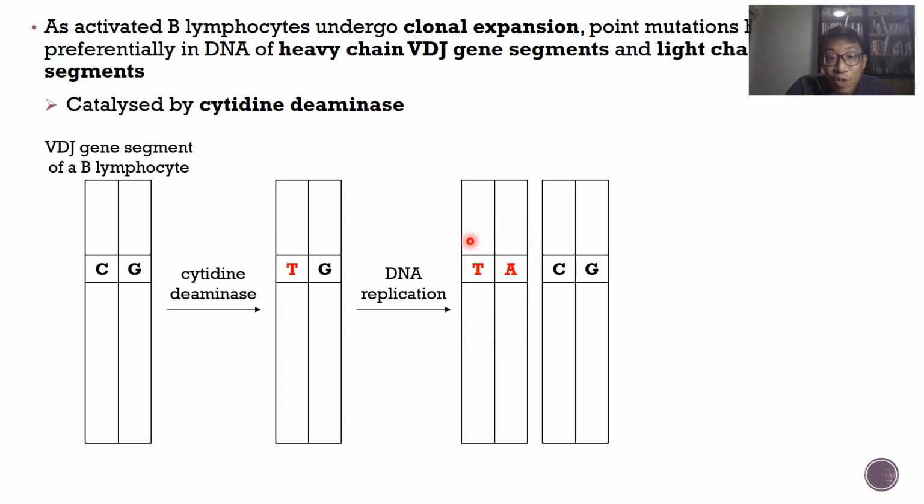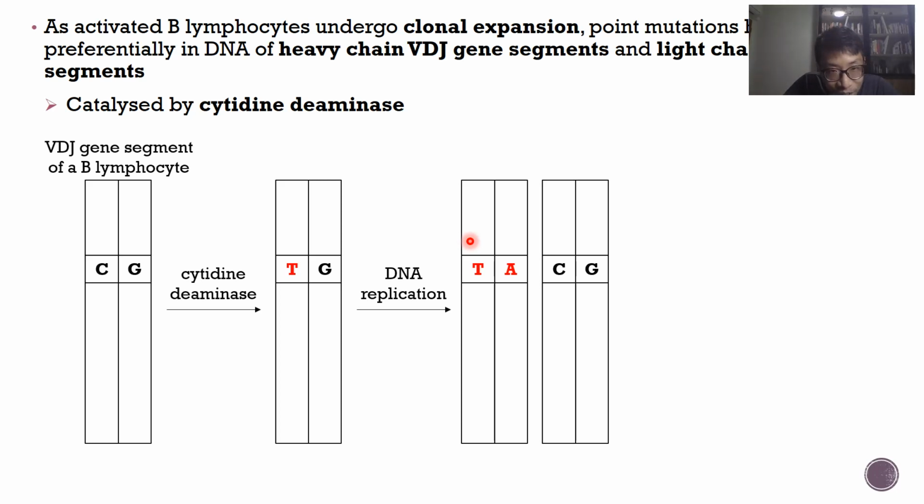Here I'm only showing you one change, but you can imagine in the real VDJ gene segment, there would be many C's, and all of them can potentially change to T. So you can modify this VDJ gene segment differently in different daughter cells, in different B cells.